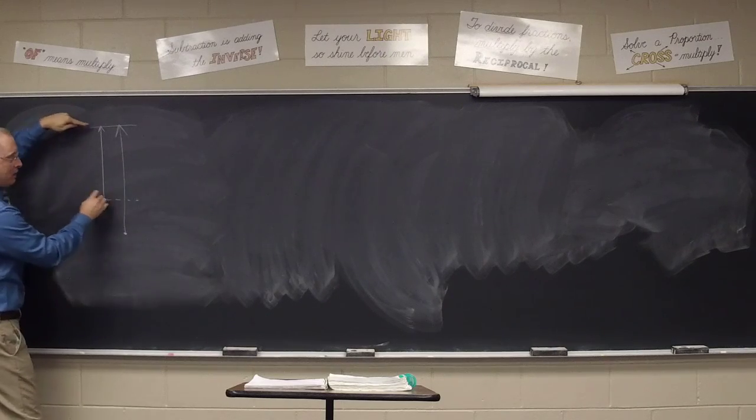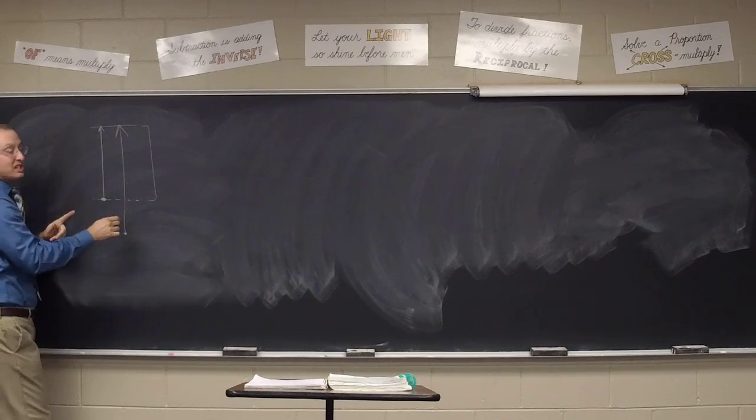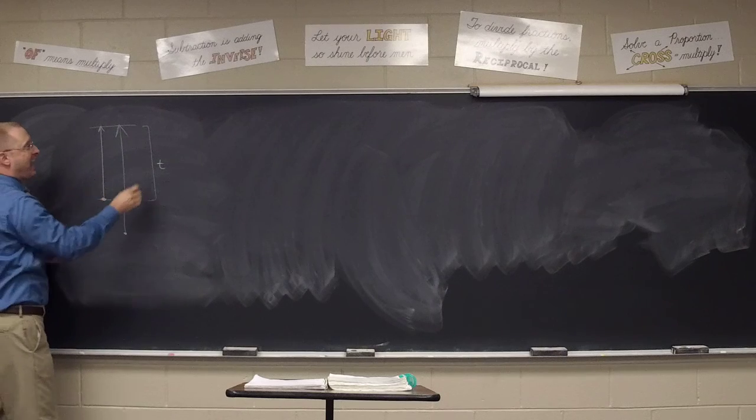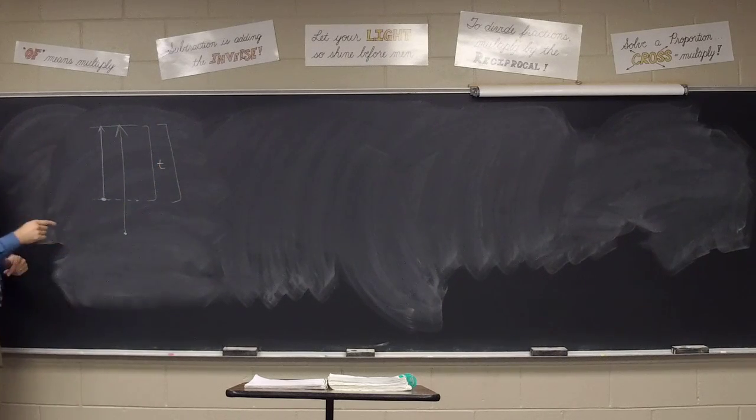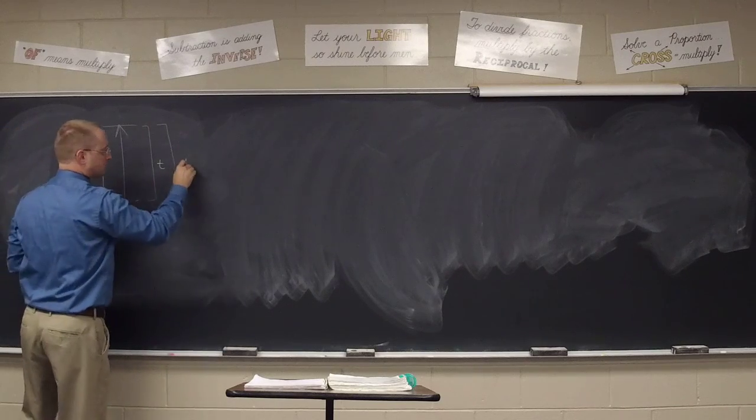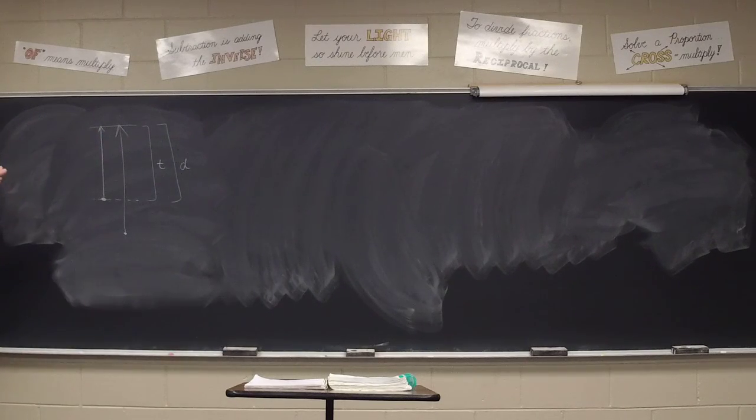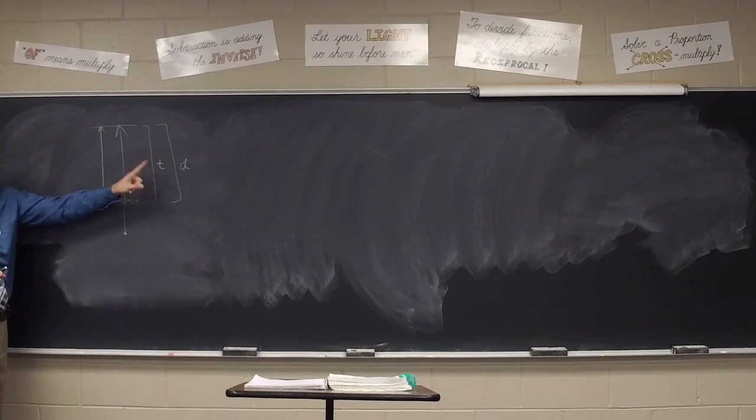And during this time, they will have traveled the same length of time, and they will have also traveled the exact same displacement, correct? So the times of travel will be the same, and the displacements will be the same.